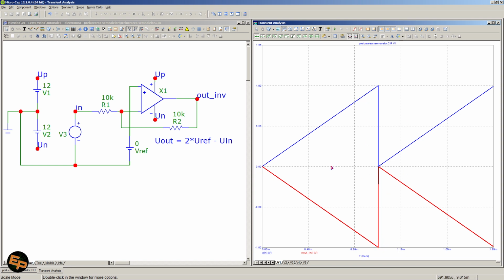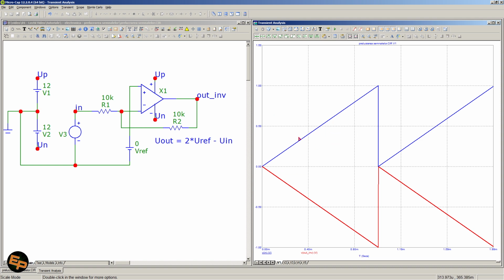Okay, but let's say that we don't want this. We actually want the inversal of this input signal, but we want to keep the minimum and the maximum value between which this signal varies the same as the input signal. Okay, so we have 0 to 1 volts. Well, we want the output voltage to go also from 0 to 1.